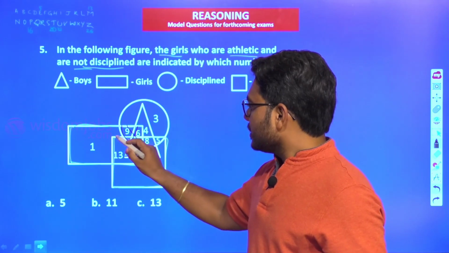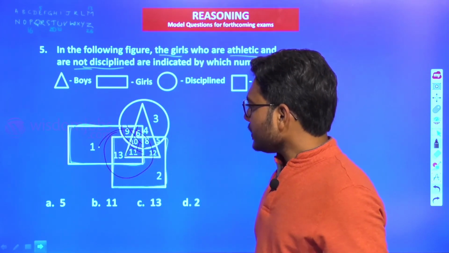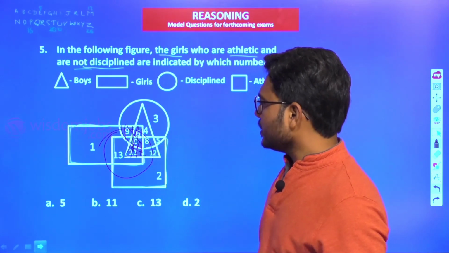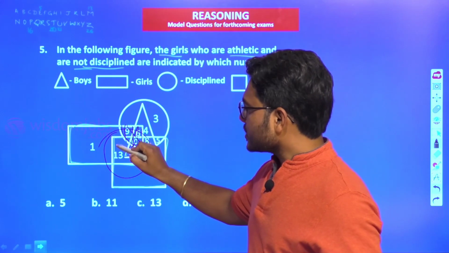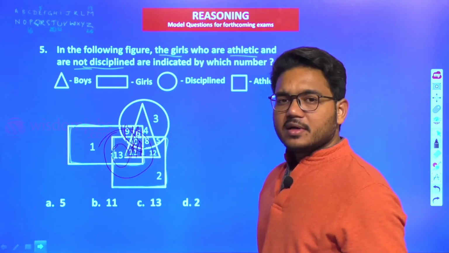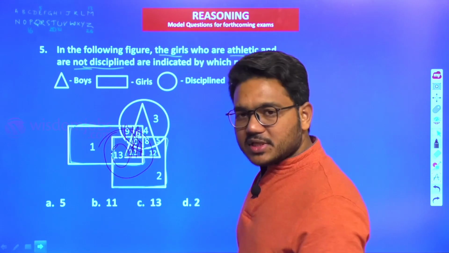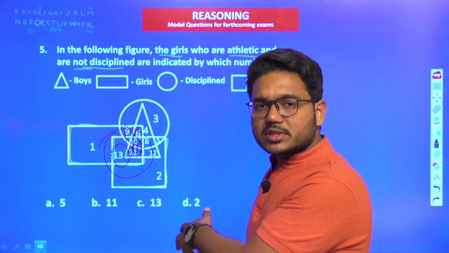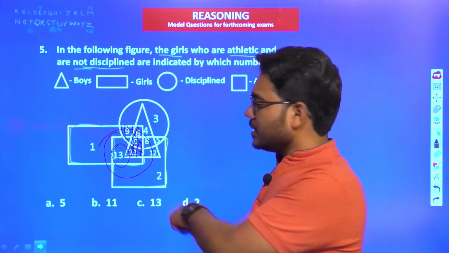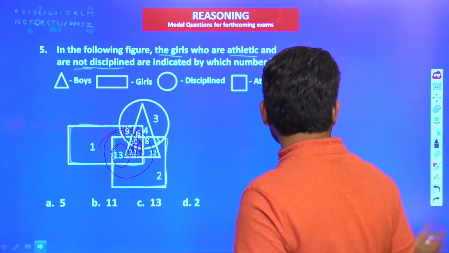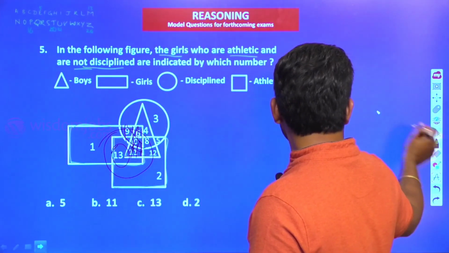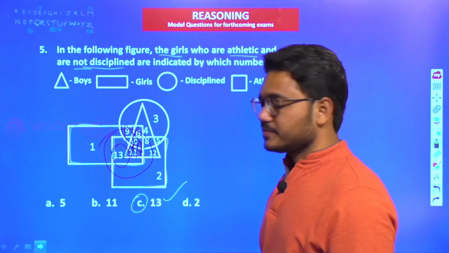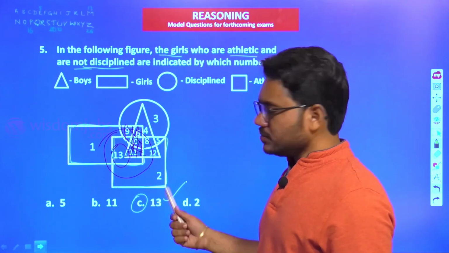Initially this part, but later we have removed these parts. What is the only remaining number which gives you the exact number of the girls who are not disciplined and athletic? The number is 13. So our answer is C, 13.